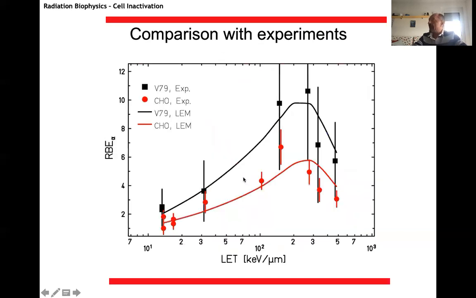But the results are very good. This model also reproduced the data very well. These are data, especially for carbon ion. So it's also used very much in Europe, in the clinics, where you have the experience of X-rays and you want to translate it into heavy ions.